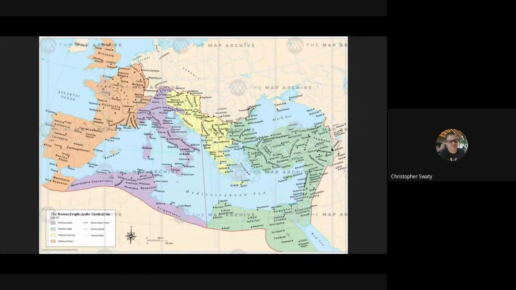So they were Christians at this point, but they also had these long-standing traditions, like not showing realistic depictions of people, more focused on design and geometric pattern than on realism.